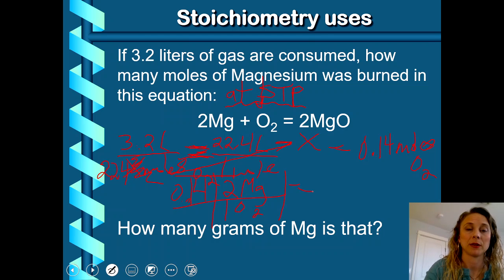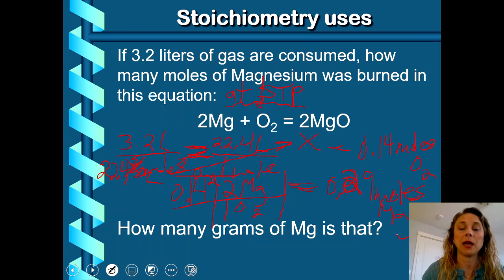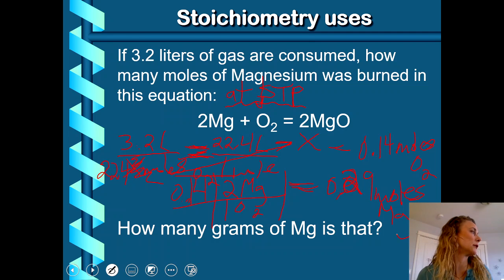Remember that. Sorry, it's kind of sloppy. So we get 0.29. Yeah, 0.29. Okay, so that's how many moles of magnesium. How many grams of magnesium is it? We have to know how many grams per mole magnesium is.